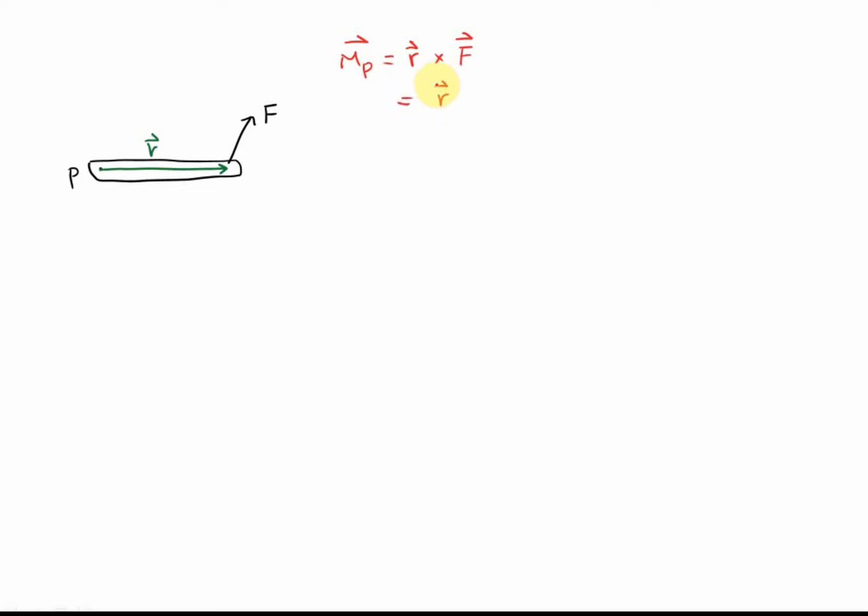Then this one should be r, f, sine theta, and k. So this is x and this is y. Then k is coming out of your screen. And what is theta here? Theta should be this one, because this is the vector here, this is r, and this is f.